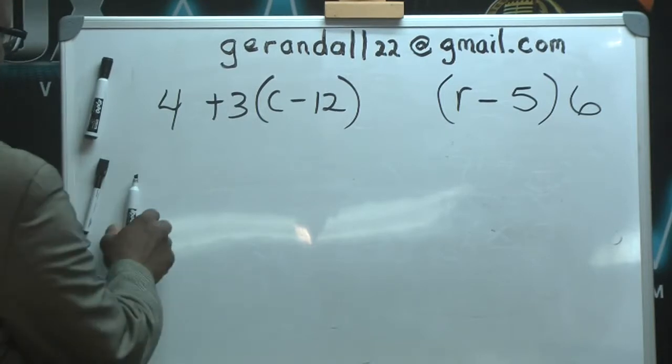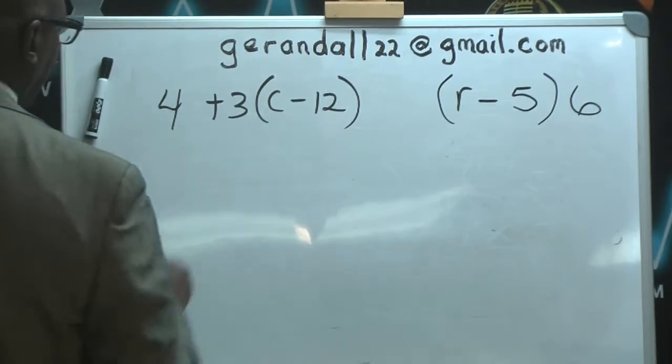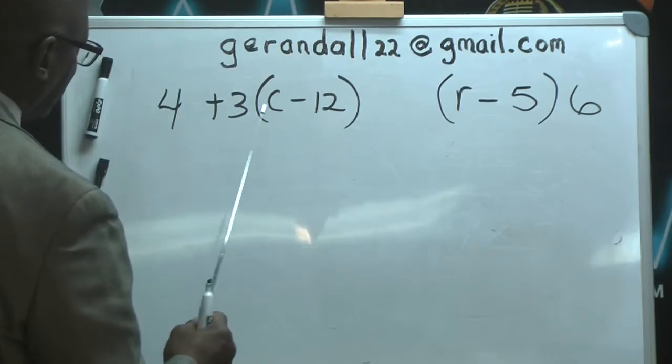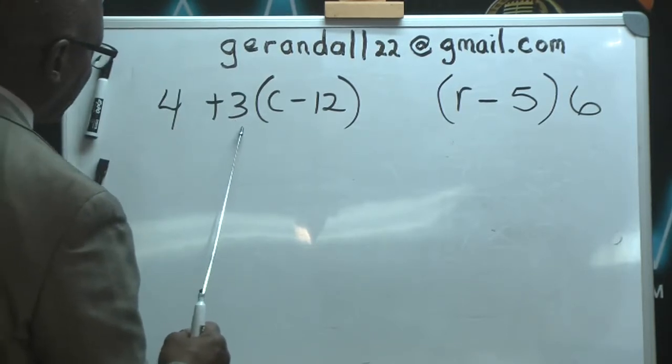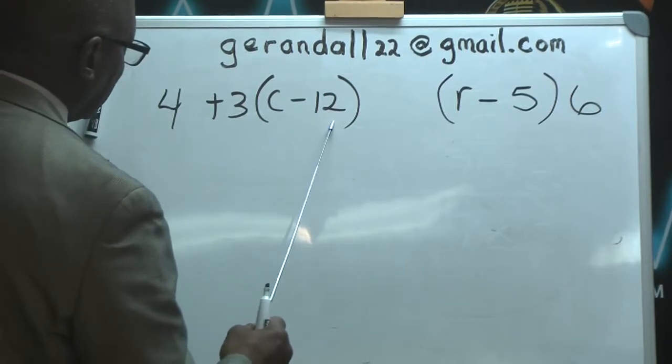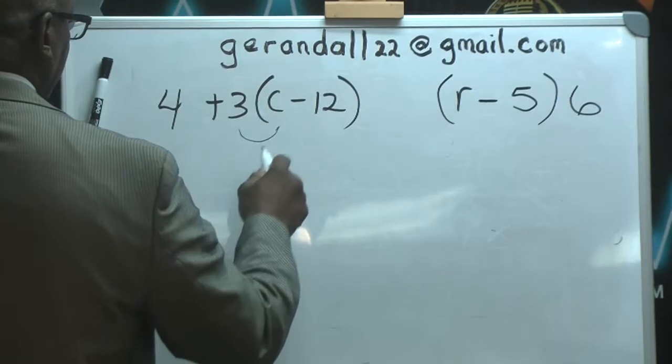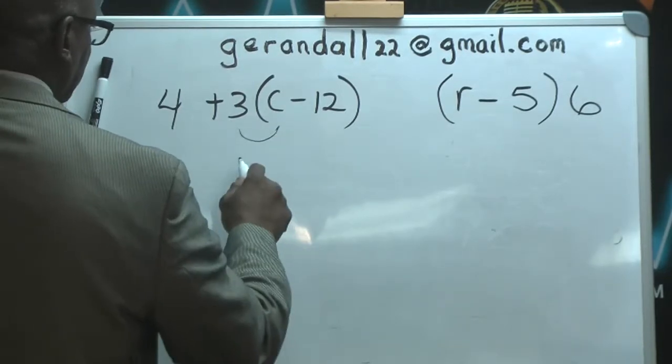However, our distributive property says that we can multiply 3 times C, and we can multiply 3 times a negative 12. So, 3 times C is 3C.